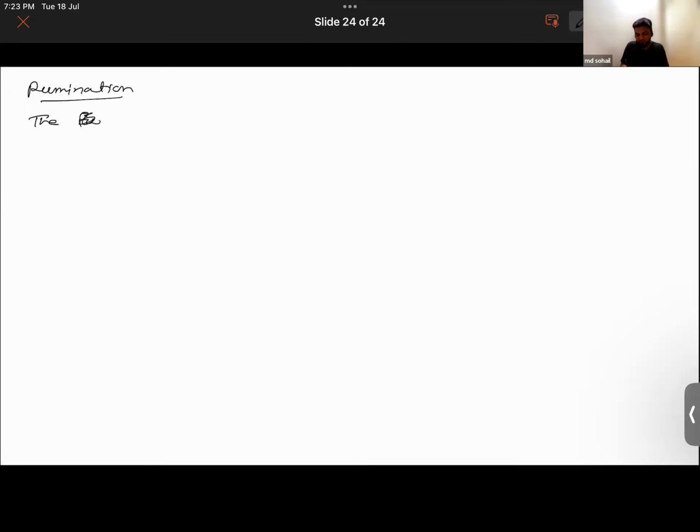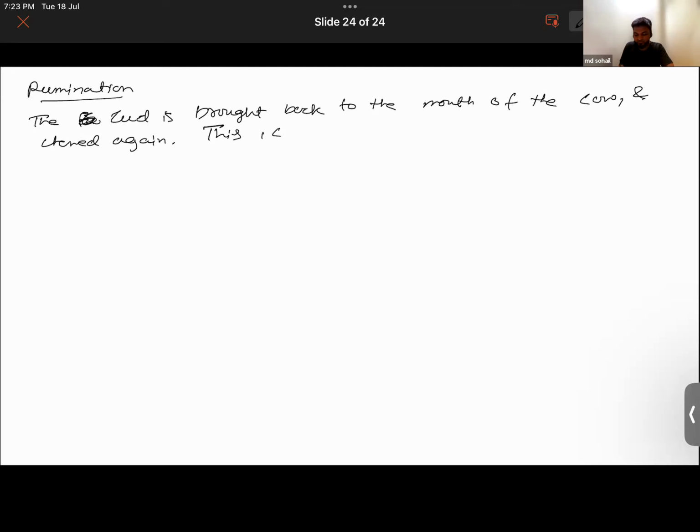The curd is brought back to the mouth of the cow and chewed again. This process is basically called rumination, okay, guys. And what do we call the animals that perform this process?